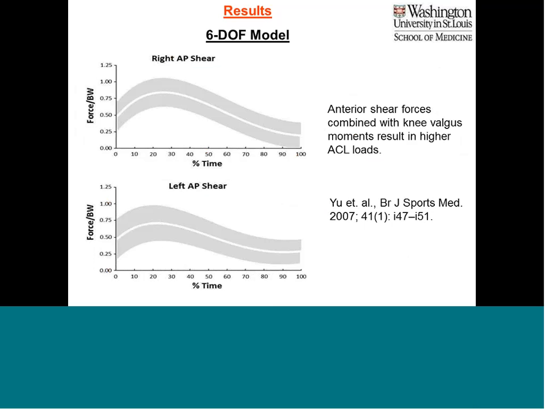So the peak forces, as you can see, went up to as high as the body weight of the performing subjects. And this was an important finding of this study, and this is a direction that is also being pursued by other studies who believe that the AP shear forces have a significant effect on ACL loading.